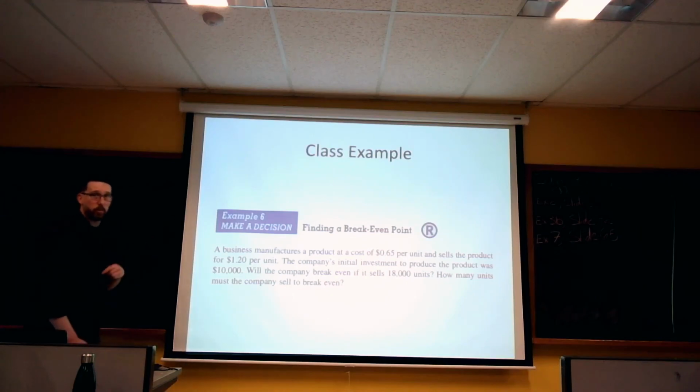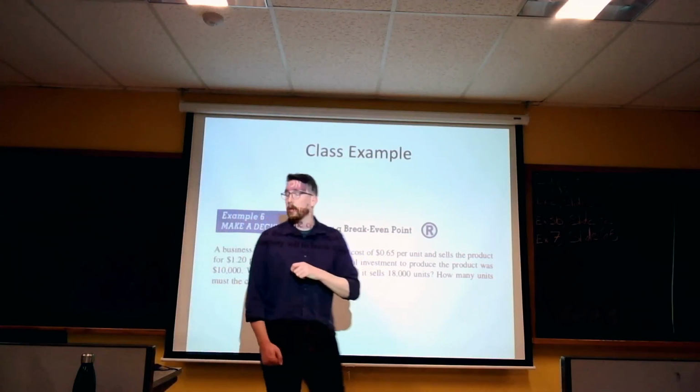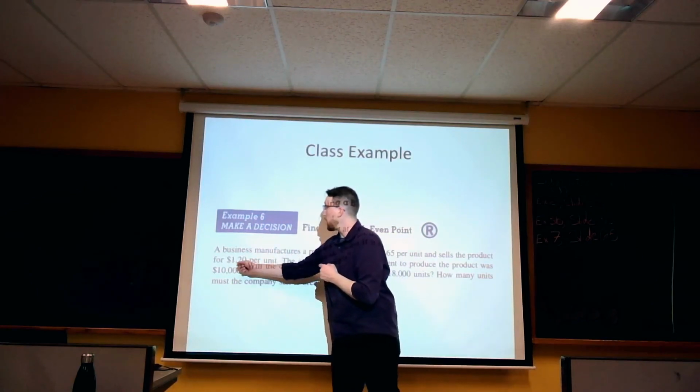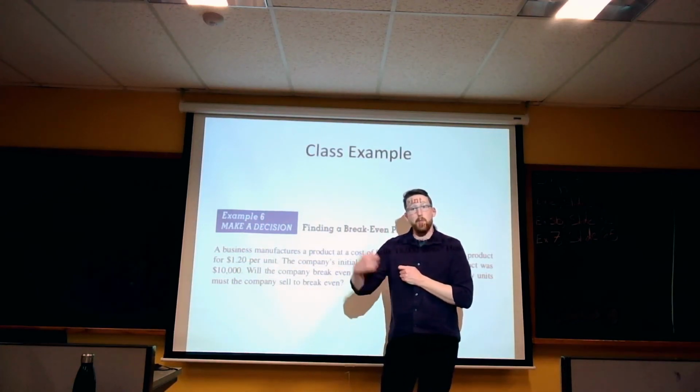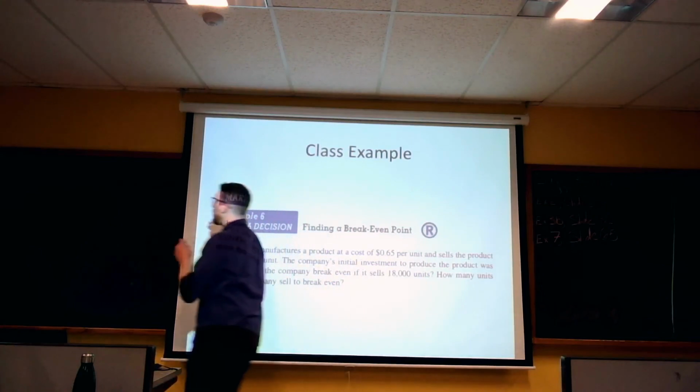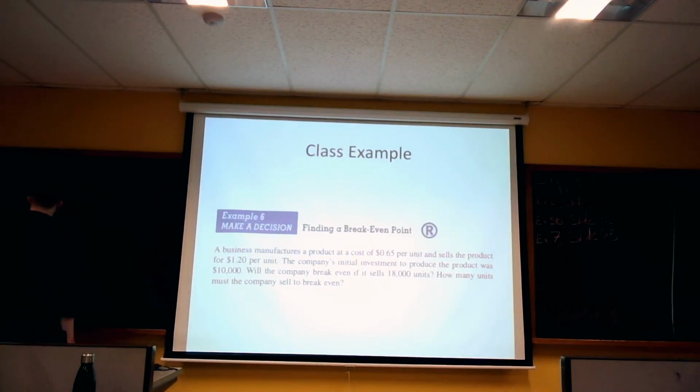The revenue that they're going to make is going to be $1.20 for every unit. So the revenue equation is going to be just 1.20 times x.